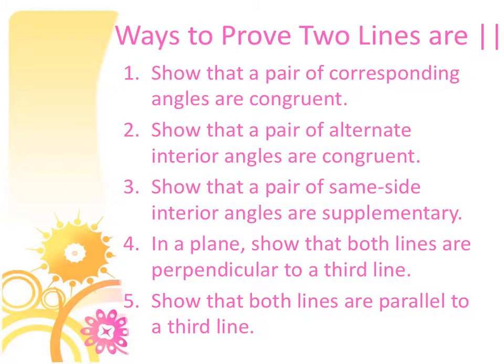That last one was by the transitive property. So any of these 5 suggestions here are ways that you can prove 2 lines are parallel. These are going to be things to look for.